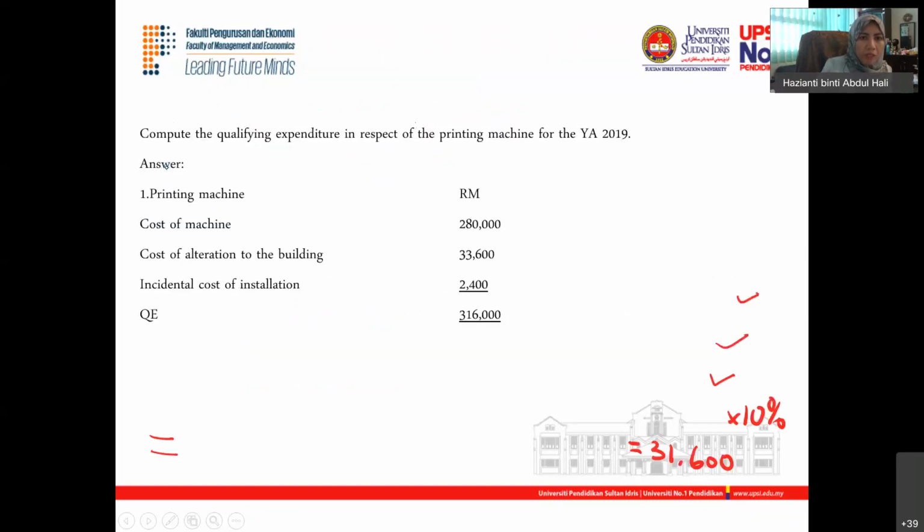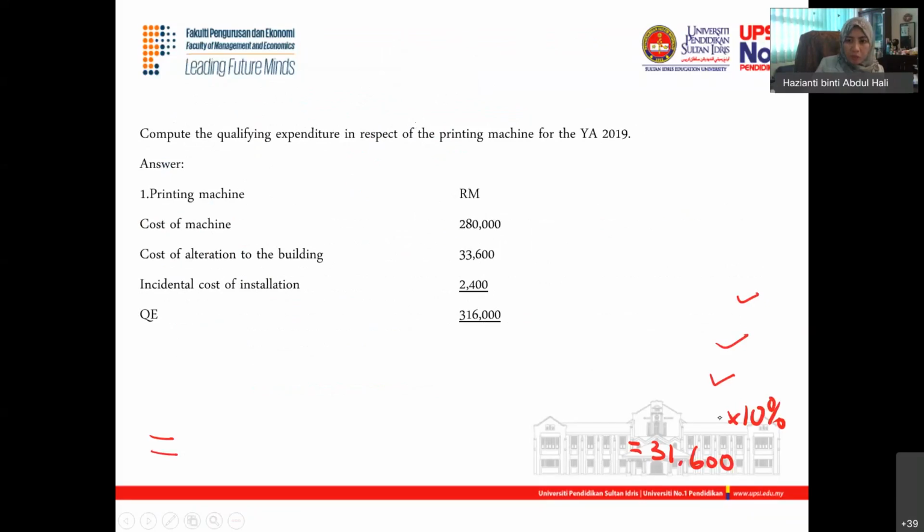How to do it? Okay, let's look at the first one. Printing machine. Cost of machine tadi 280,000. Cost of alteration 33,600. Incidental cost of installation is 2,400. So qualifying expenditure yang kita nampak dekat sini, when we total everything together, 316. Okay, 316.